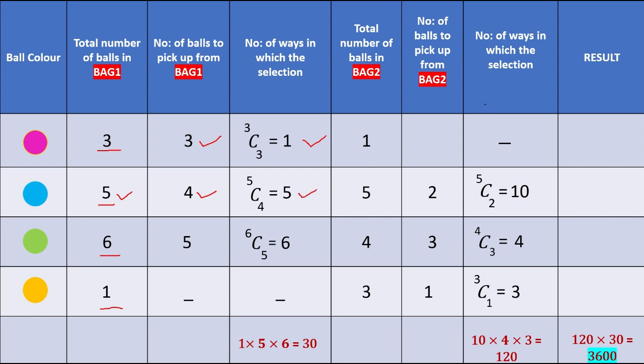Same with green. So, the number of ways to select 5 green balls from a total of 6 of them is 6C5 and the value is 6. We are not asked to pick up any yellow ball from bag 1. So here we don't have to calculate the number of ways.